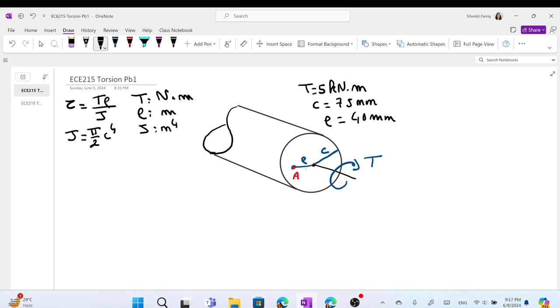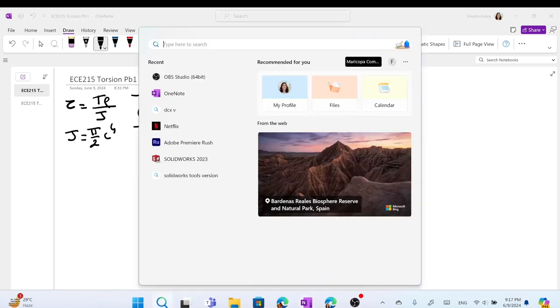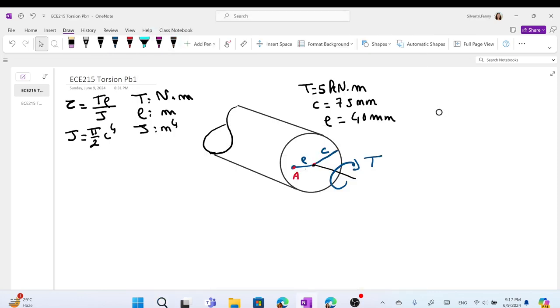So let's find the shear stress at point A in that rod. We will find J first. And J is a property of the surface. It does not depend on which point we are looking at. So we have J equals pi divided by 2 times c to the fourth.